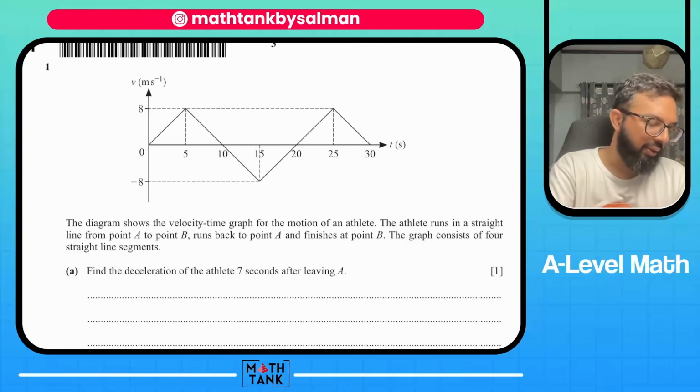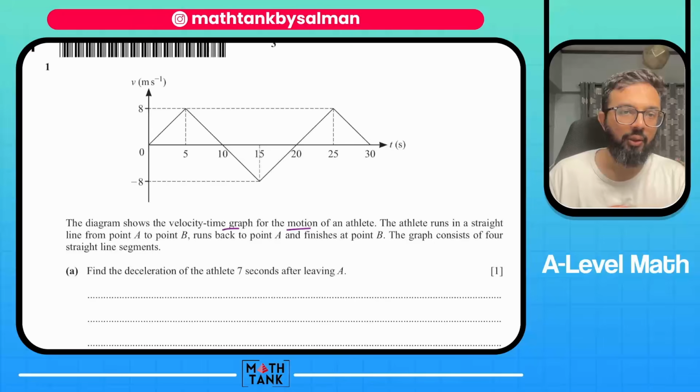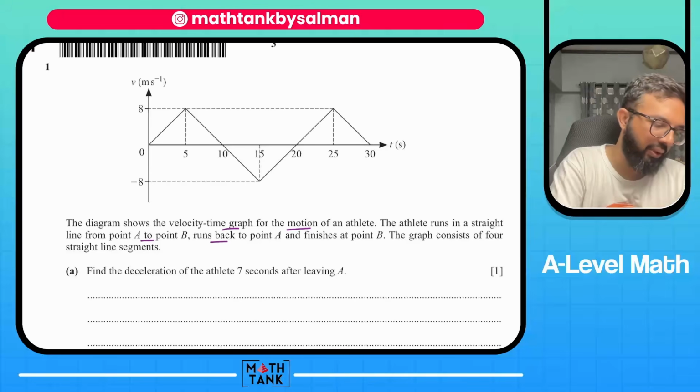Okay, question number one is from Kinematics. It says the diagram shows the velocity time graph of the journey. The athlete runs in a straight line from point A to point B, runs back to point A and finishes at point B. The graph consists of four straight line segments.